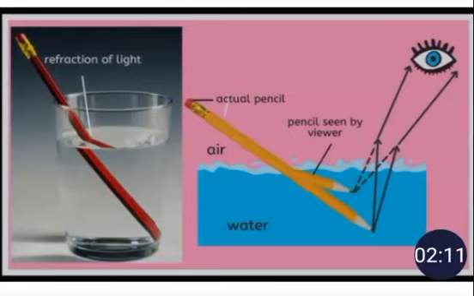Now, as our observer, who is the eye, is in the air, rays of light are going to come from the bottom, from the tip of the pencil at the bottom, and they will be incident to the surface of the water. Remember, water is a more dense media.